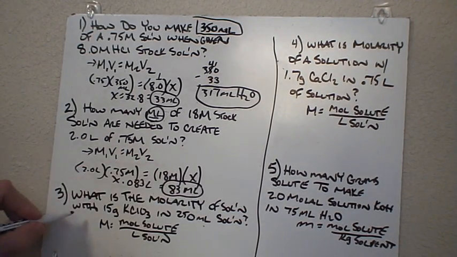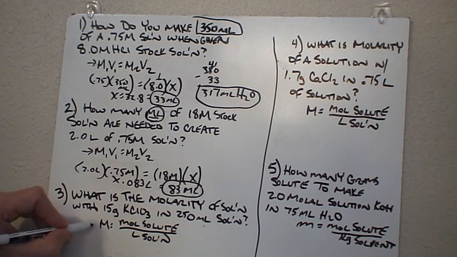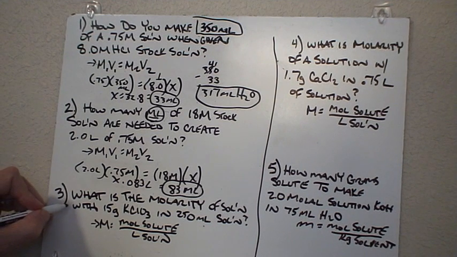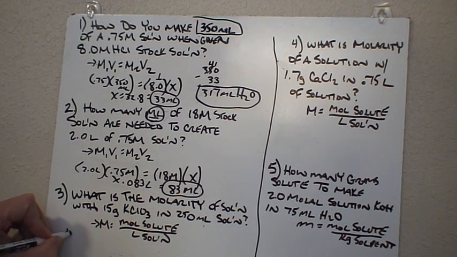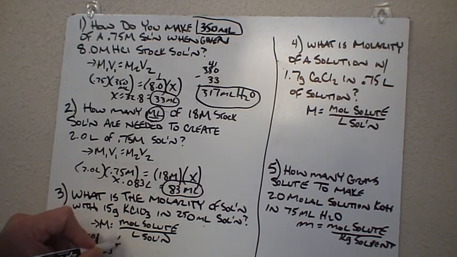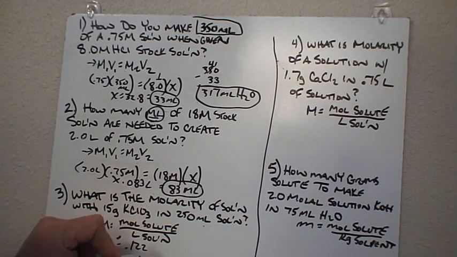Okay, now we have this problem that's taking a look at molarity. Here's my equation for molarity: moles of solute over liters of solution, and we see that we don't have either one. So 15 grams of my potassium chlorate. If I take a look at the formula mass of potassium chlorate, that's 123. And so I end up with an answer of 0.122.